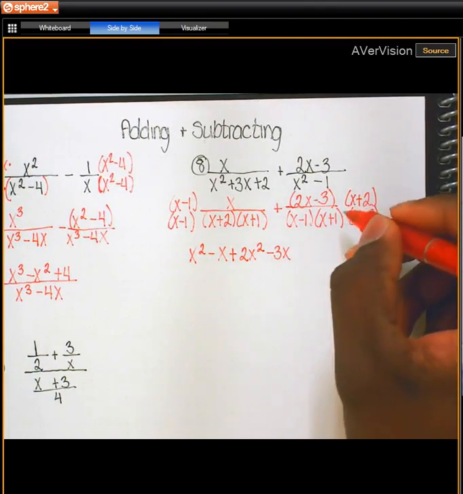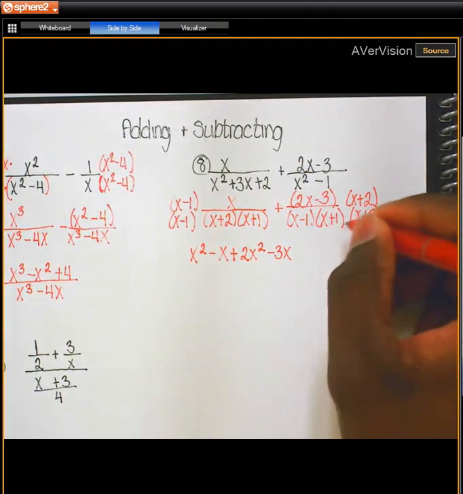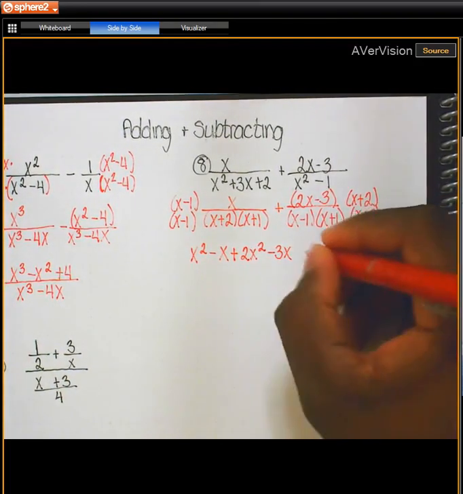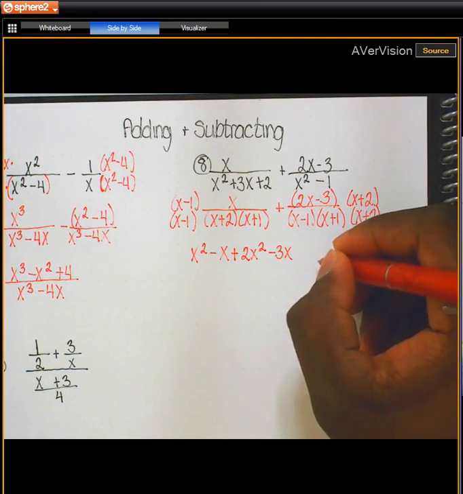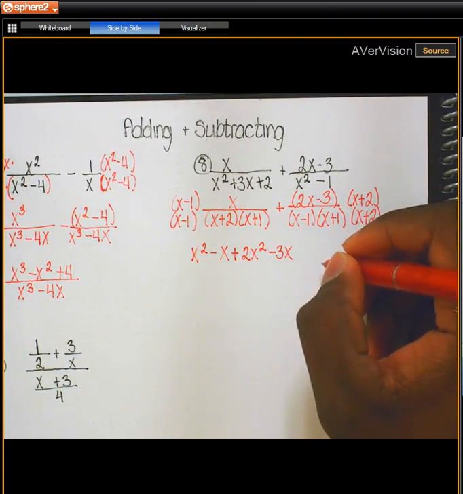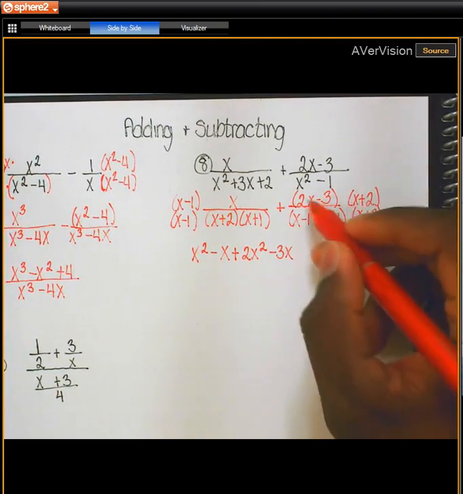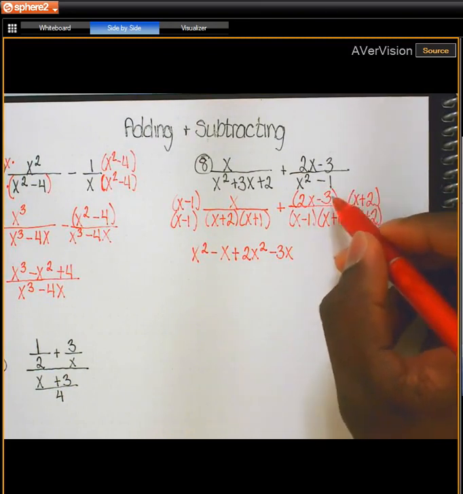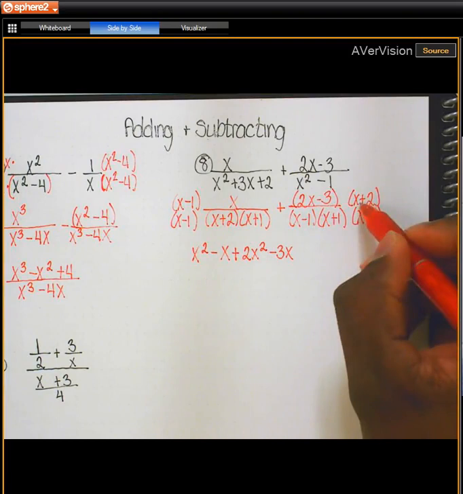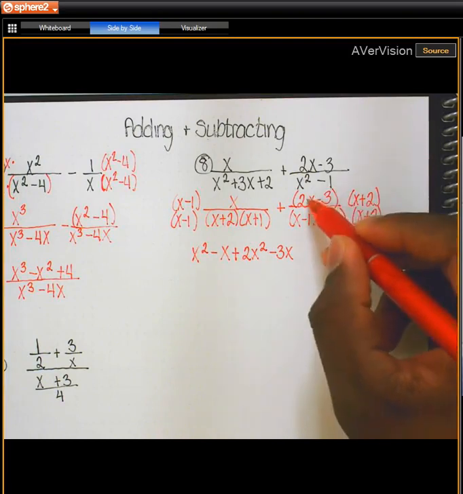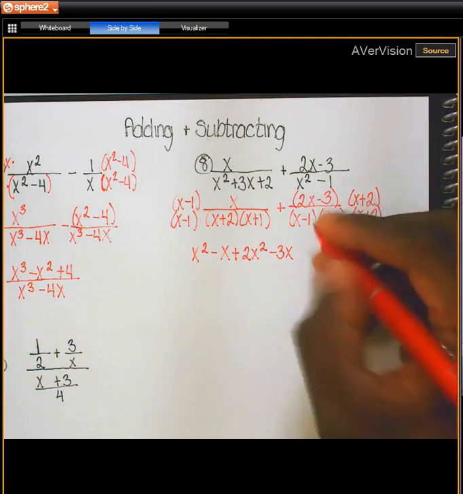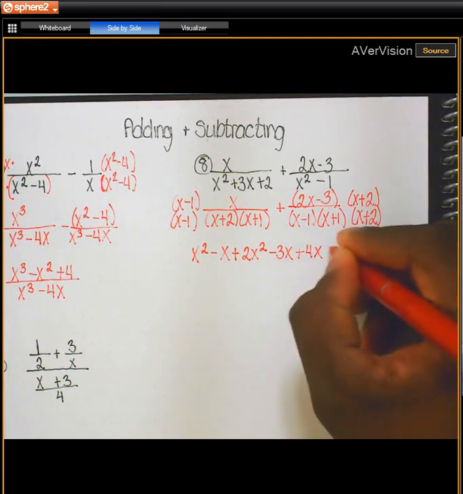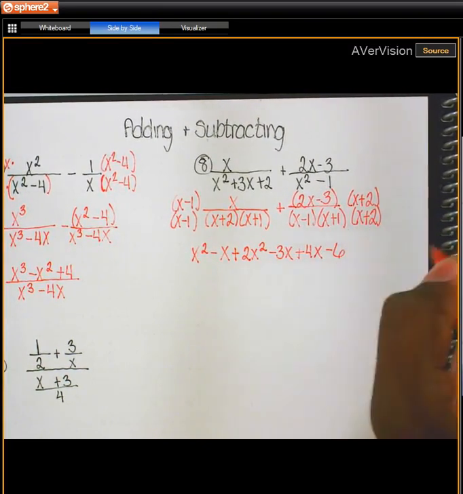So we have 2x squared, and then negative 3x, and then we have 4x, and then minus 6.